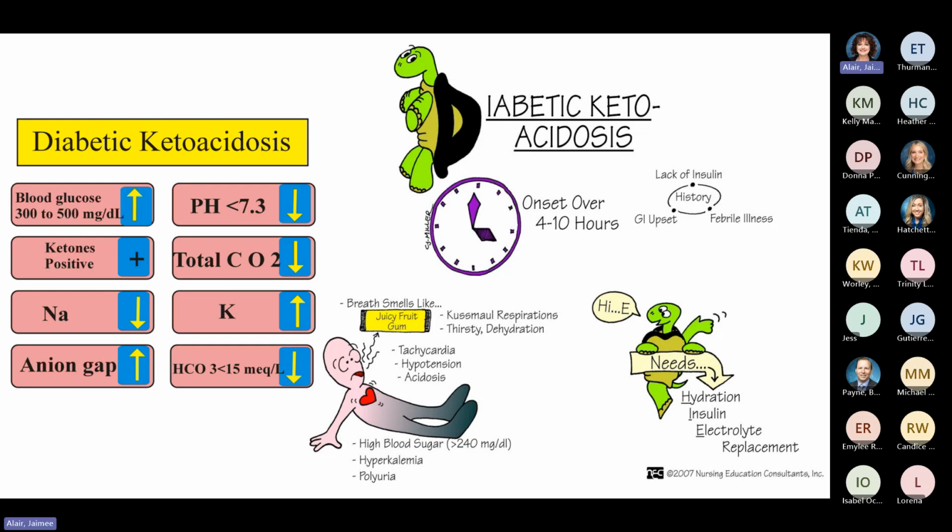We'll see acidosis on a blood gas, so low pH below 7.3. CO2 will be low, potassium will be high initially, sodium will be low. One of the major things we're looking for on the gas is the bicarb and the anion gap.